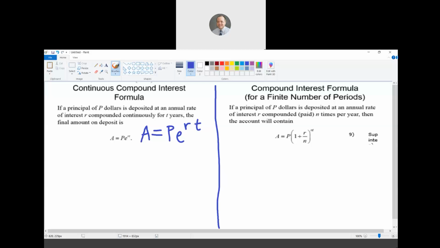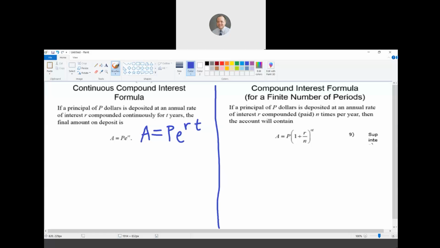You use the left formula if you are investing a certain amount of money and it's being compounded by the bank or your financial institution continuously. So P represents the principal.